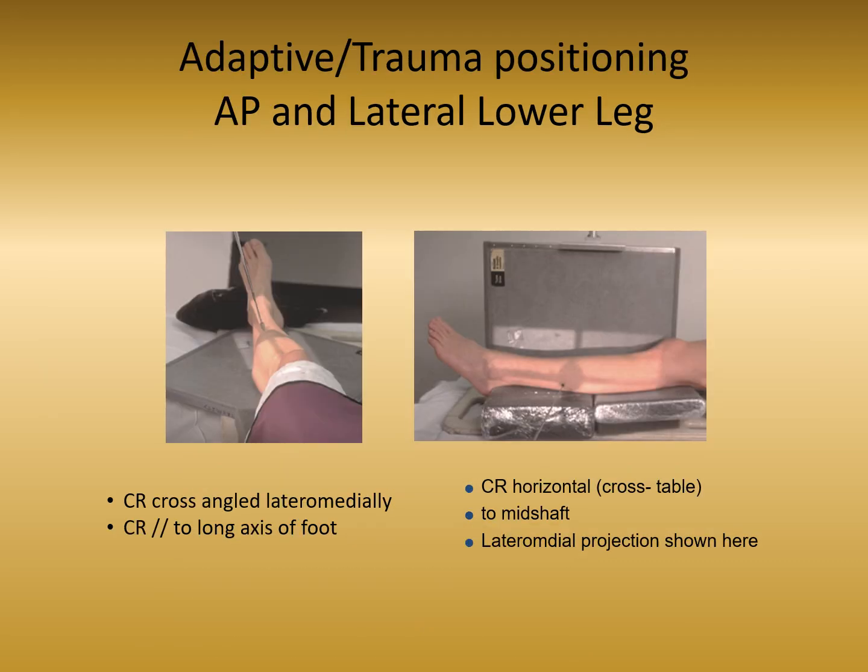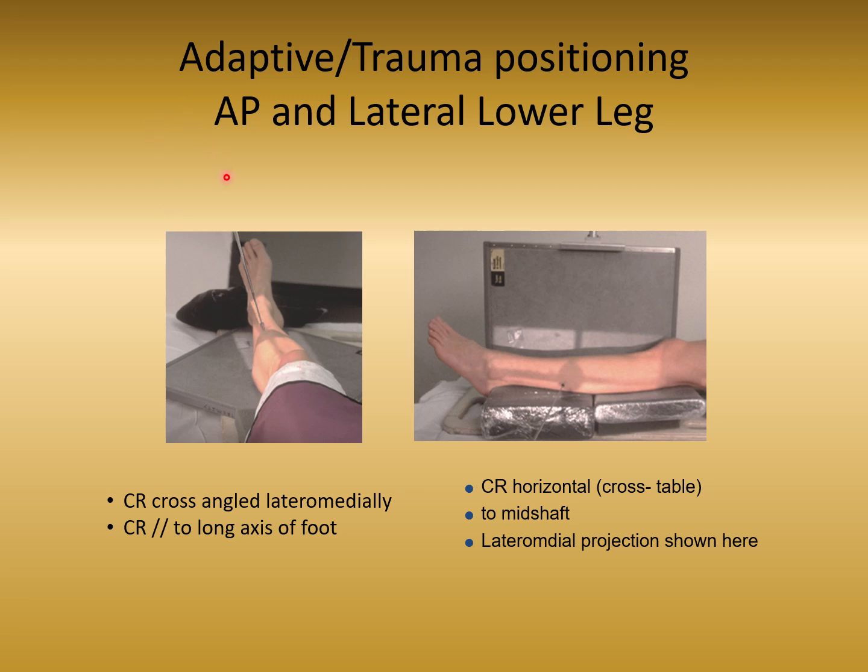Now adaptive trauma positioning of the AP and lateral tib fib. As you can see on the AP position, the leg is rotated out laterally. You can see the toes are pointing out a little laterally. Because of that, they had to take the tube and bring it over a little bit and angle into the anterior part of the leg and exit the posterior side of the leg.